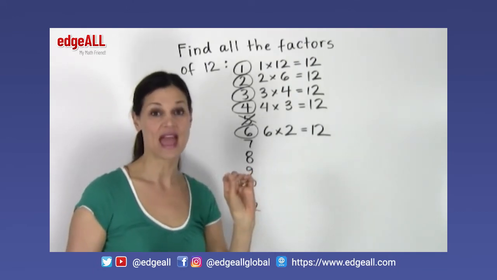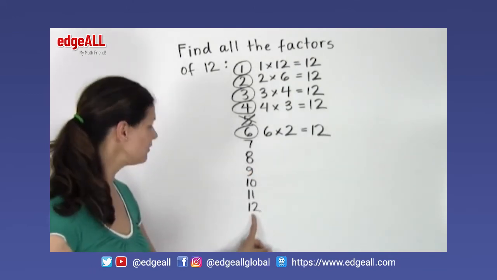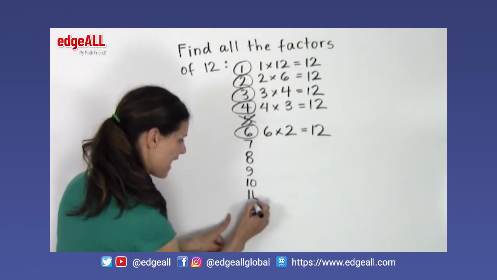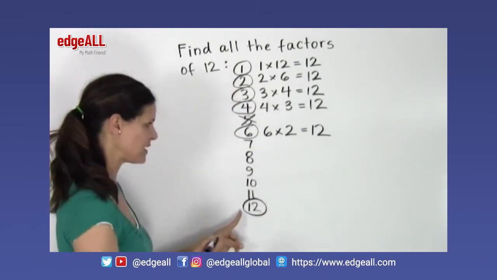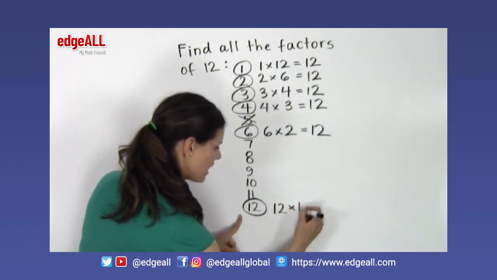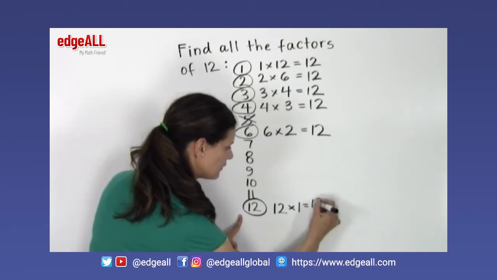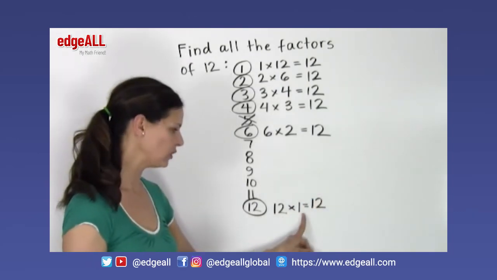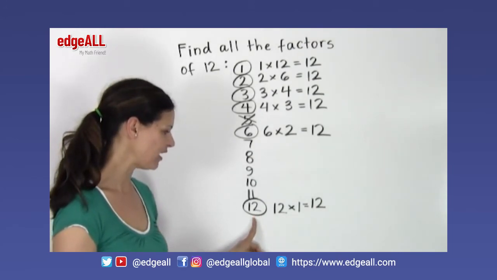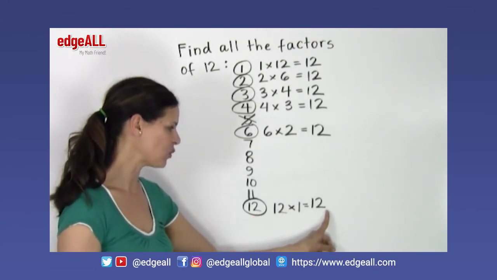However, when I get to 12, the number itself, this is a factor of 12 because I can say 12 times 1 equals 12. So there is a whole number, the number 1, that I can multiply by 12 to get the product of 12.